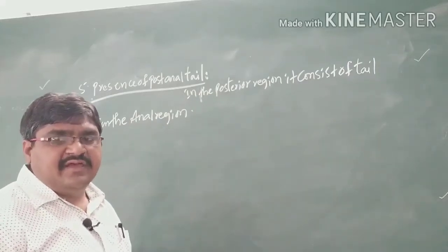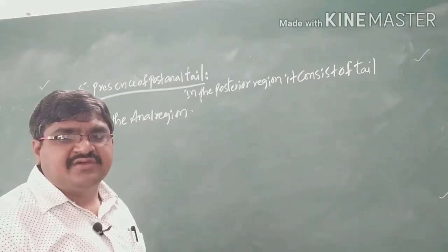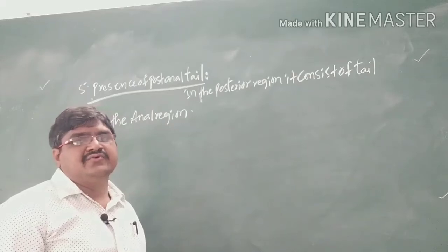In humans the tail is absent, so during evolution the tail is reduced.